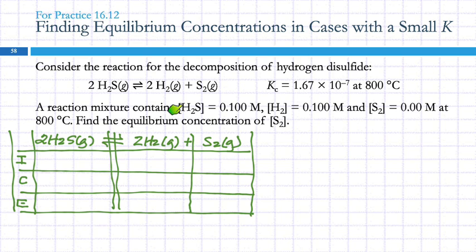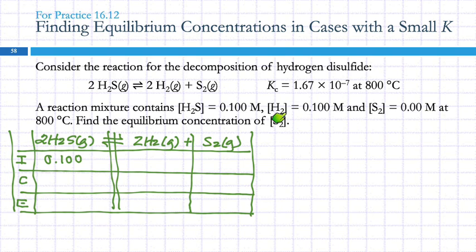We take the initial concentrations and we write them in. So H2S, 0.100. Our concentrations have to be in molarity, and so we don't really have to write them in here. We just need to make sure that we always use molarity.